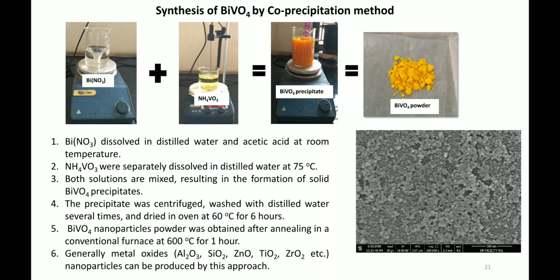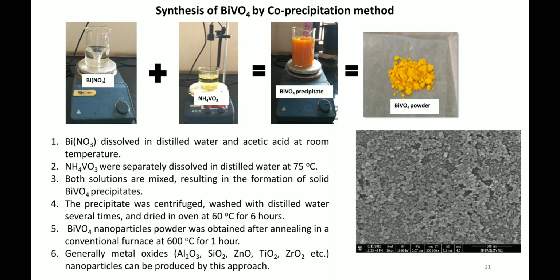With the help of that scale bar you are able to find the average particle size of these materials, and you will realize that it is in the nanoscale, below 100 nanometer. So this is a beautiful example. A very simple technique is able to prepare this BiVO4 powder in the nanoscale.